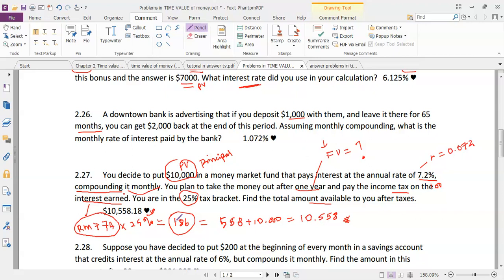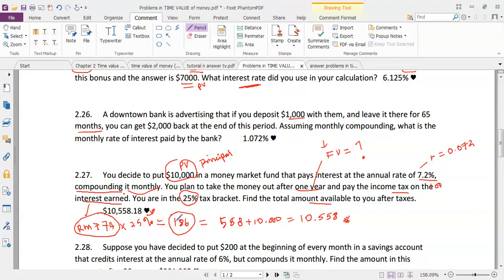After 1 year, if you just keep your money inside your purse, amounting to 10,000, and then the next year your money inside your purse is just the same amount, 10,000, right? There is no interest you earn.